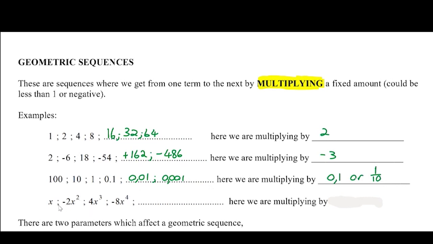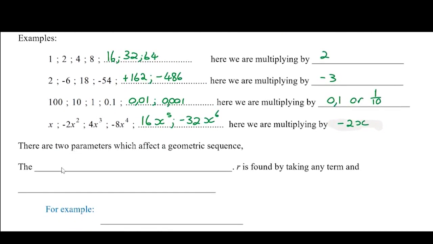And in this last one, we're multiplying by -2x. So our next term would be positive 16x to the 5th. And the next one would be negative 32x to the 6th. So we're multiplying by -2x.